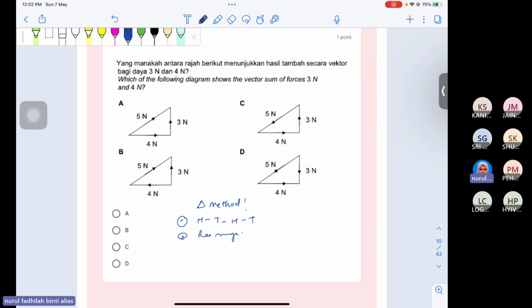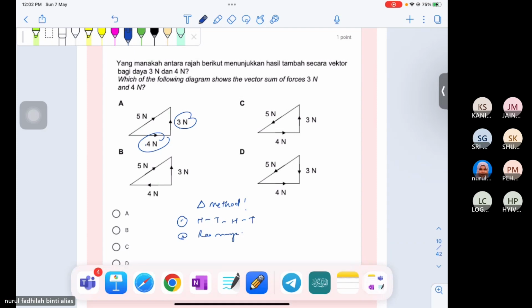Okay, kita tengoklah. Okay, 4 Newton dengan 5 Newton kan? Sorry. Yang dia bagi forces tu apa? Force 3 dengan 4. Okay, sekarang tengok A. 4 dengan 3, adakah dia follow head, tail, head, tail? Follow kan?